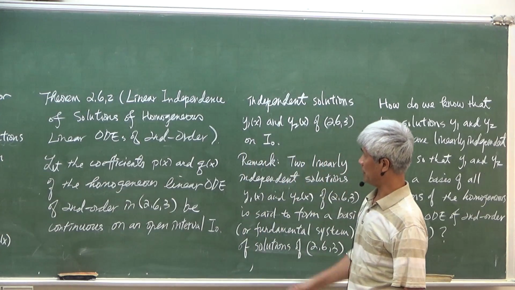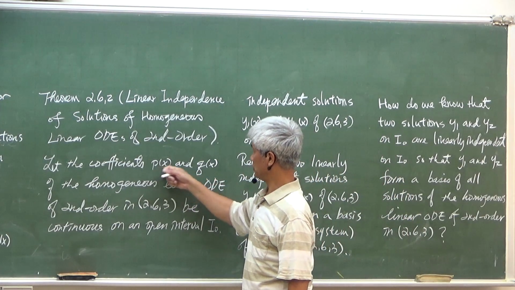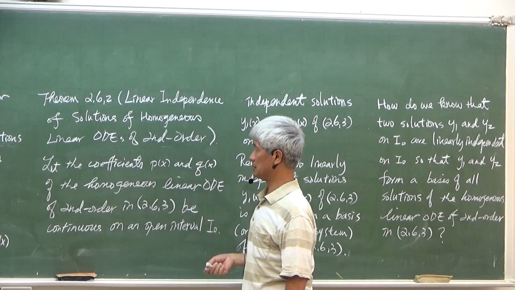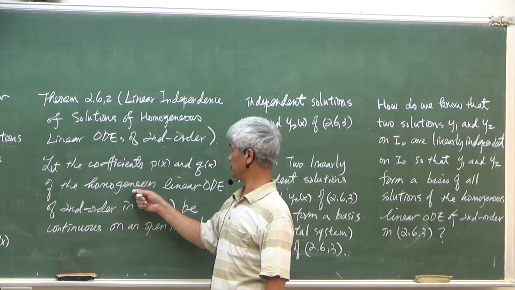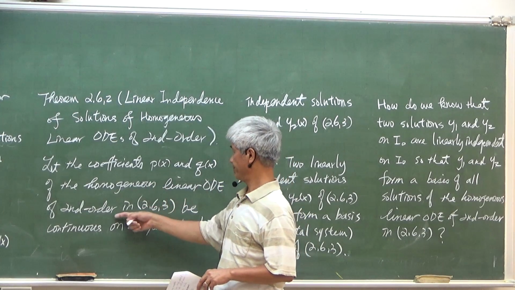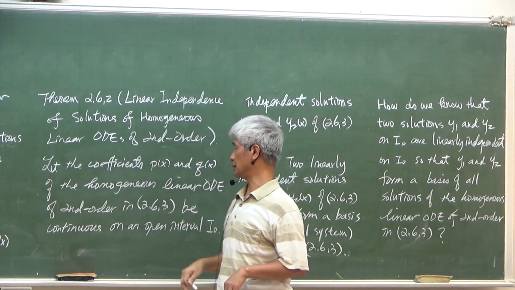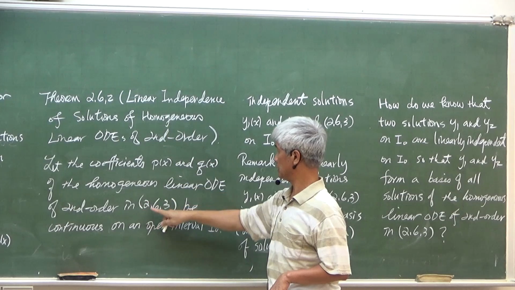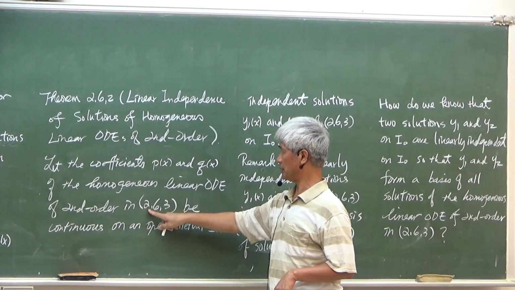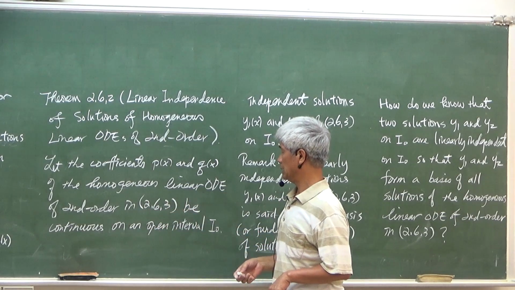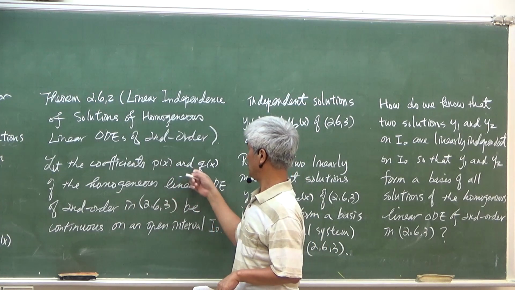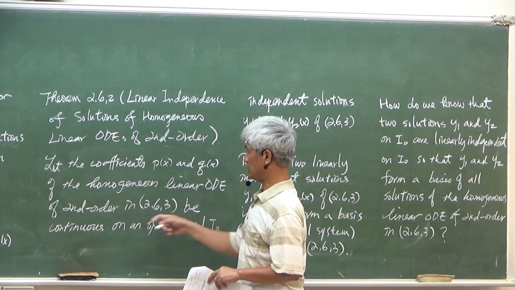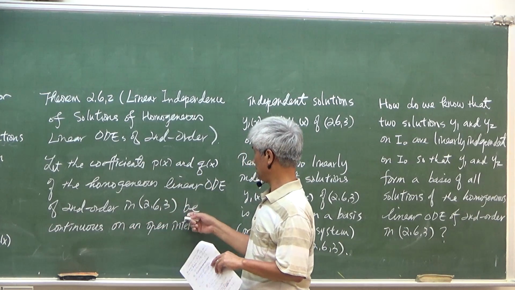Okay, so suppose we know the two coefficients P of x and Q of x of the homogeneous linear ODE. We wrote this ODE in formula 1.6.3, and we assume these two functions are continuous.